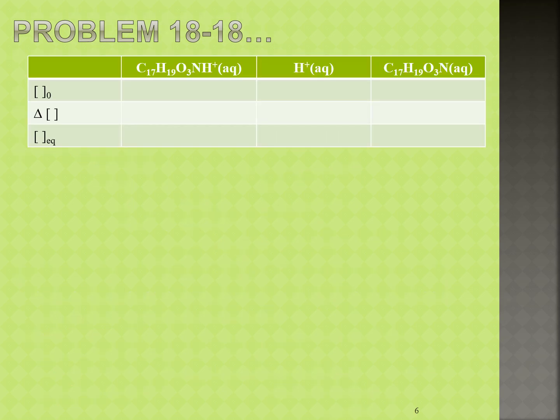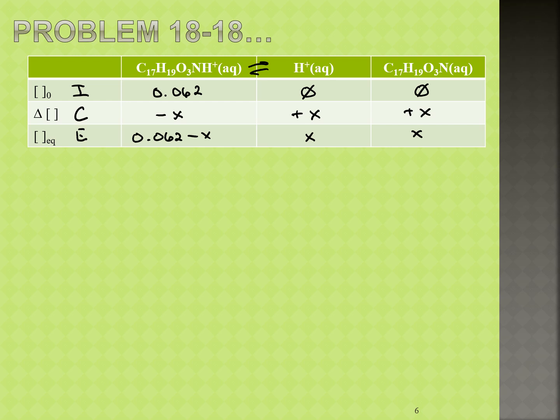So here we've got our ice table where we've got our initial, our change, and our equilibria. And as we just found, we're starting with 0.062 molar of that. Before it ionizes, we're going to say that we have none of our products. It is going to ionize and go down by X, and our products are going to go up by X. So we end up with this.